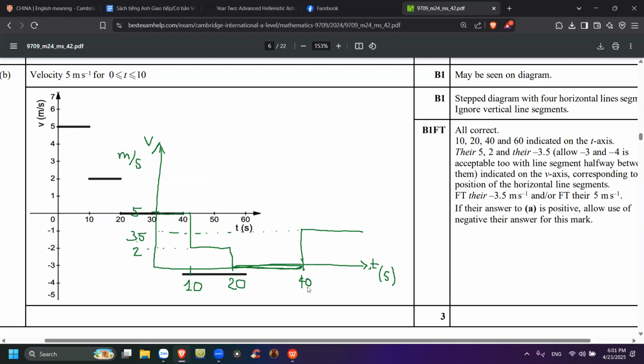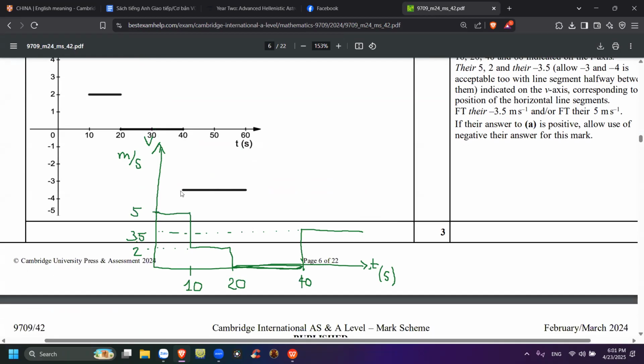Oh, I see. Wait a moment, it doesn't look right. Really? Oh yeah, it has to be negative because you are going back to your original position. So it has to be negative something. I see.